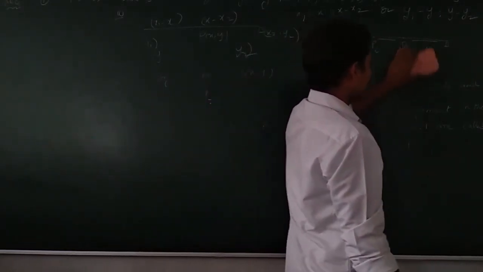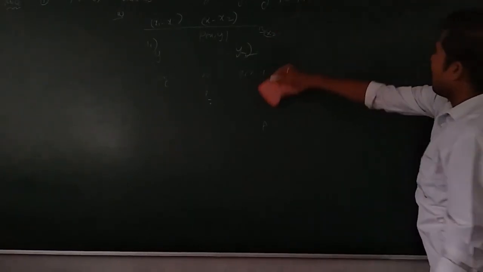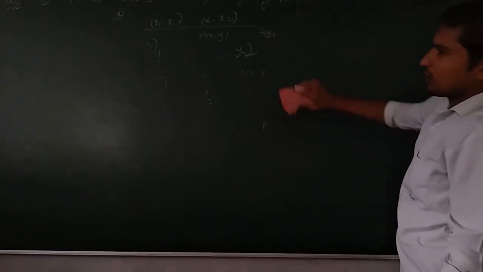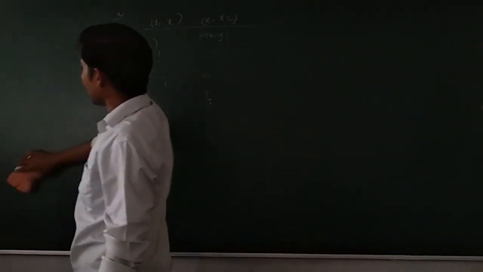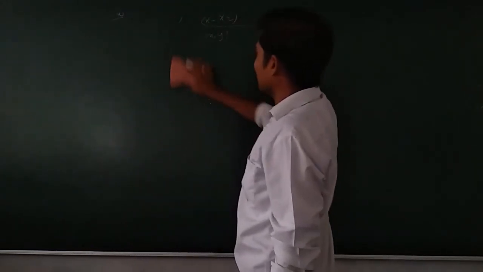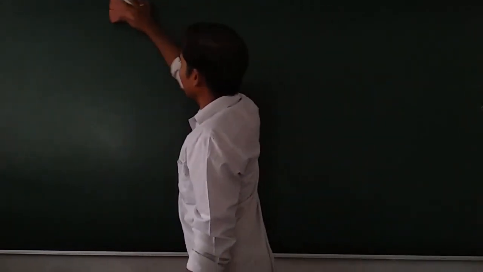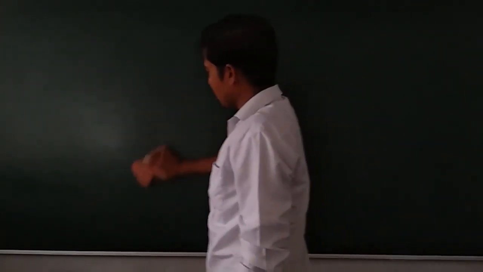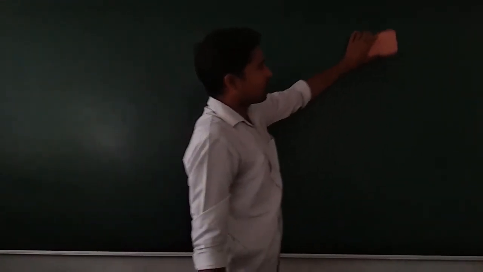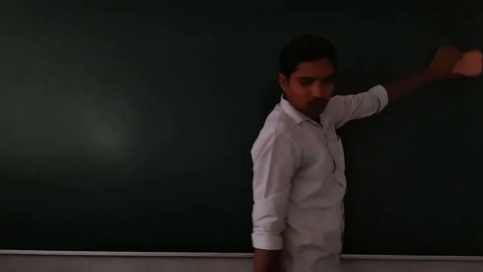No need to prove it here, we'll learn it directly. Suppose A(x1, y1), B(x2, y2), C(x3, y3) are three points, which are nothing but the three vertices. Then the area of triangle ABC is equal to half modulus of x1 into y2 minus y3 plus x2 into y3 minus y1 plus x3 into y1 minus y2.